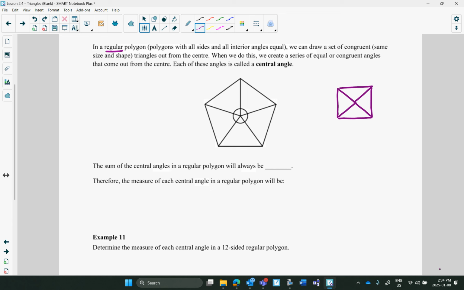In a 6-sided regular polygon, which would look, no, sorry. We can draw 6. Yeah, like that, sort of.